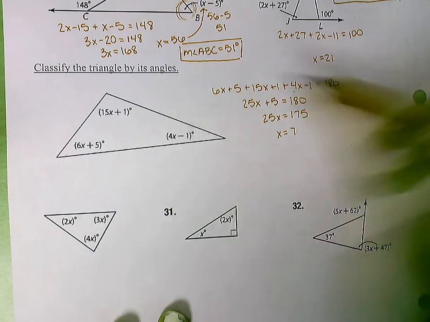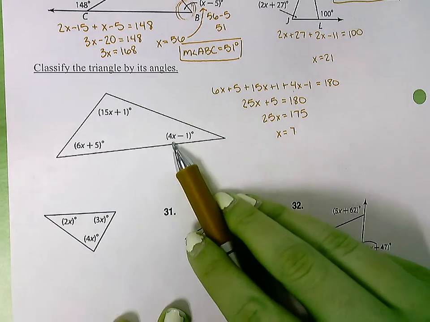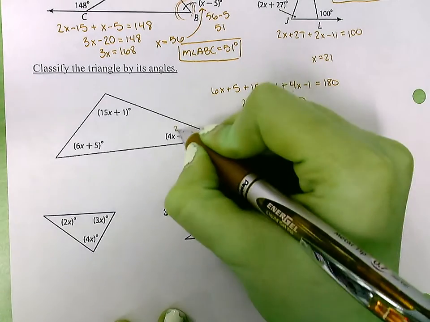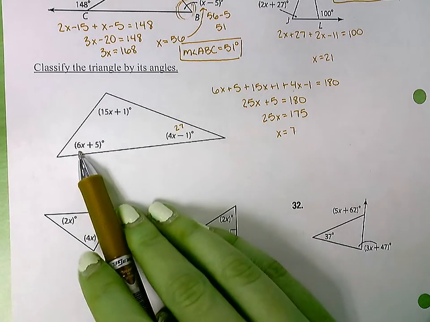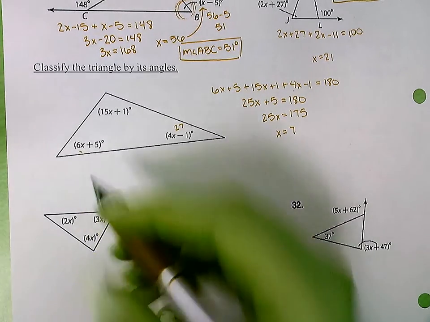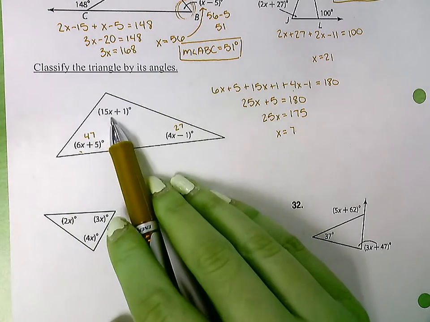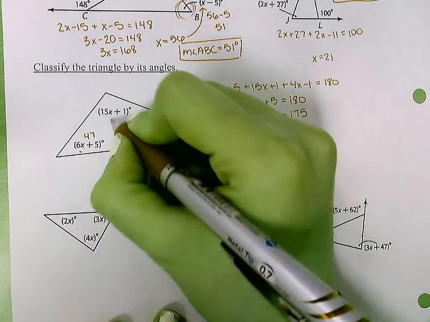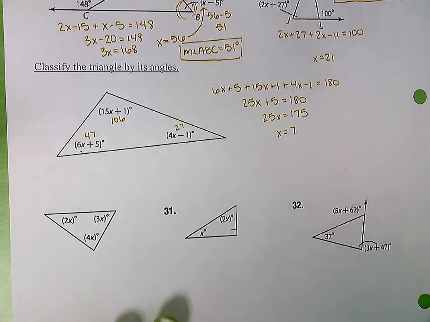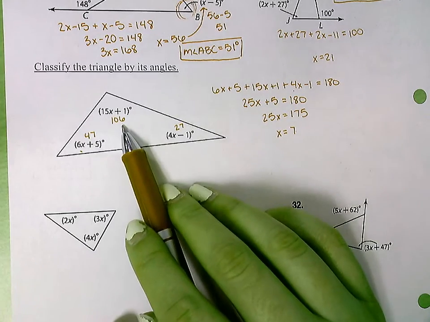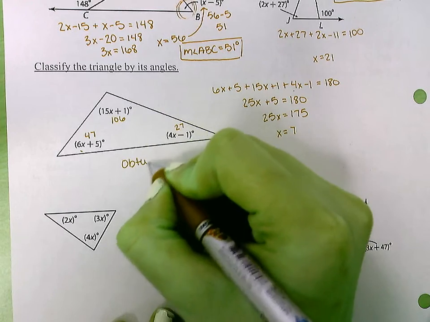So now I can plug 7 in for x for all of my angles here. So I have 7 times 4 minus 1, 27. I have 6 times 7 plus 5, 47. And I have 15 times 7 plus 1, that's 106. Now since I do have one angle that is greater than 90, this would be an obtuse triangle.